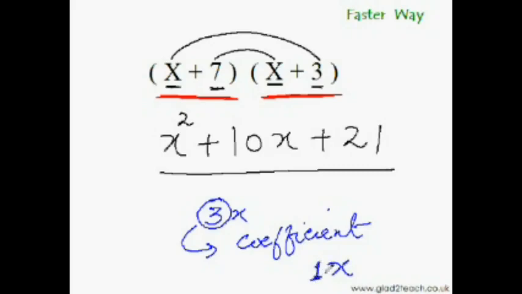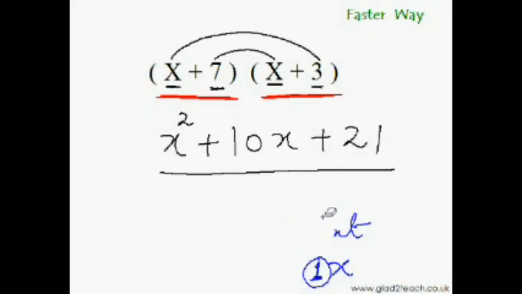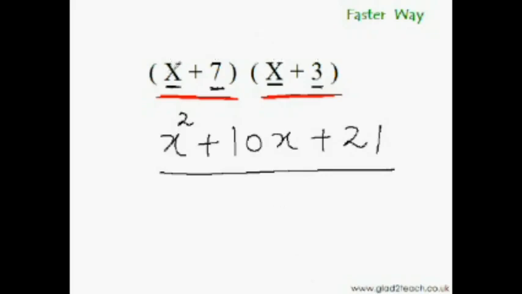When you don't see anything in front of a variable like x, then the coefficient is always 1.